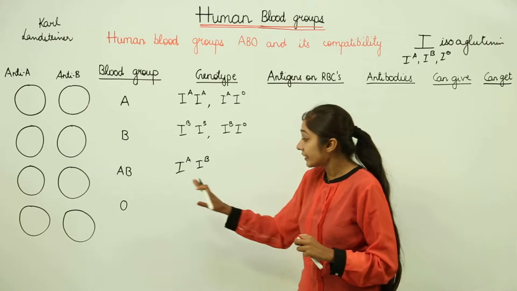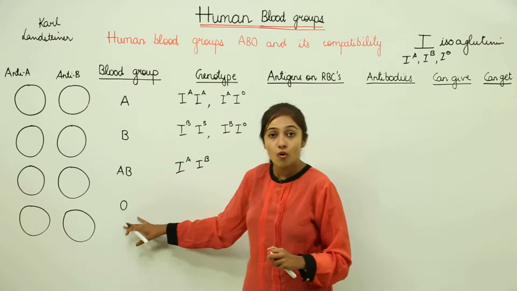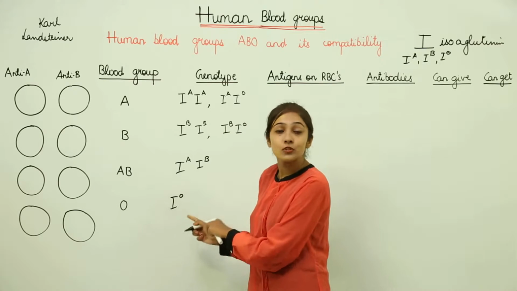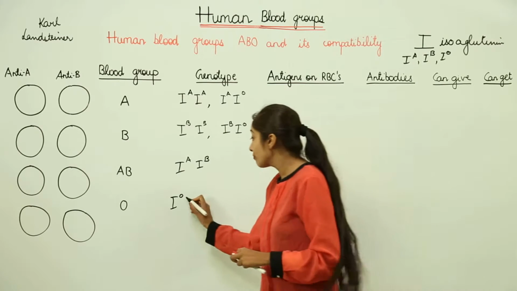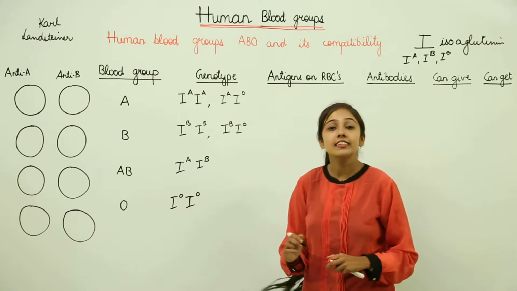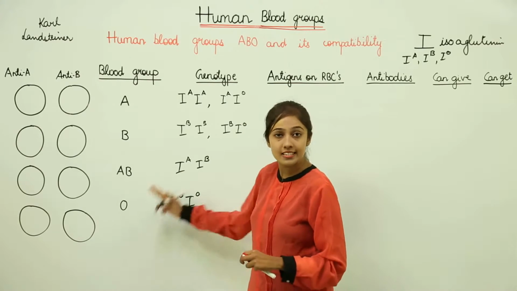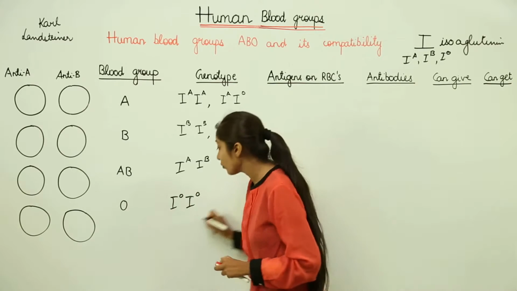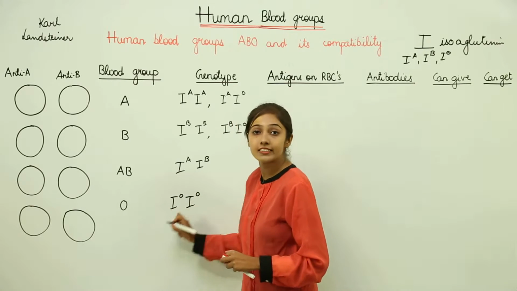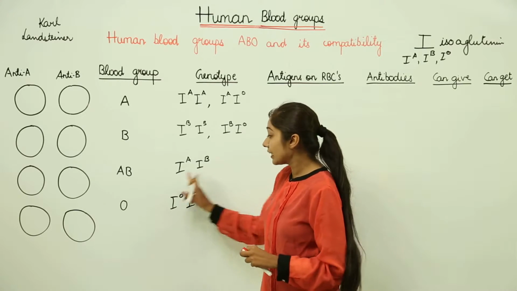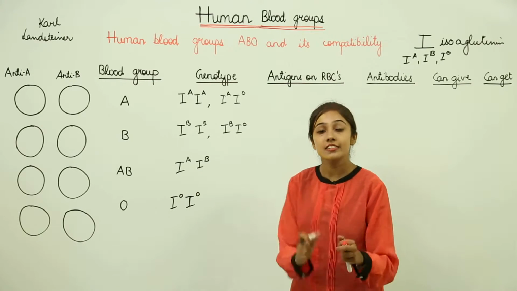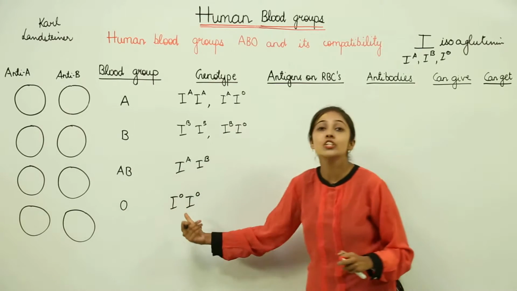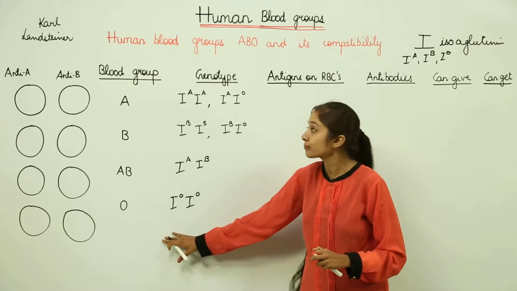Then in case of blood group O, we have the genotype IO IO, because the recessive allele is expressed only when both alleles are recessive. So in case of blood group O, we have just this combination.